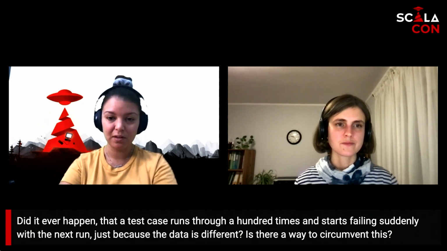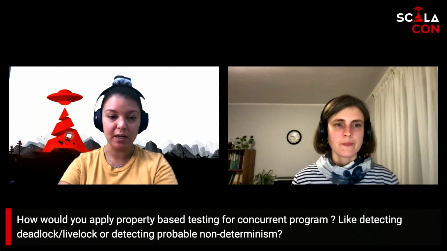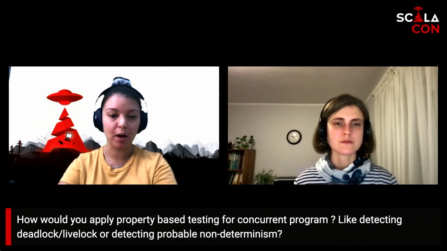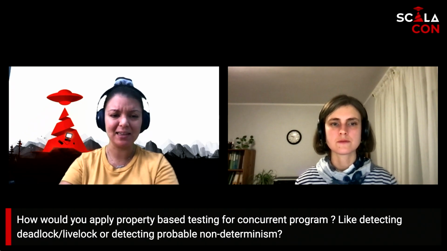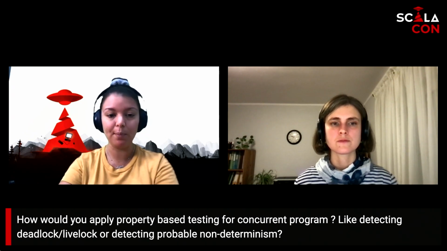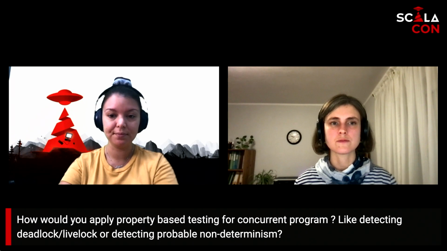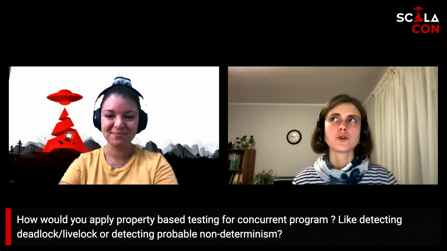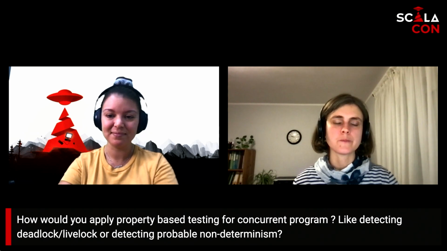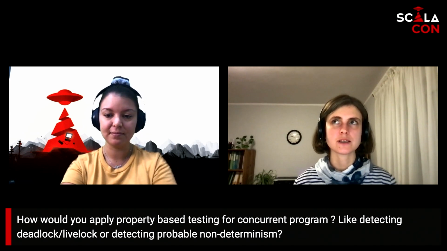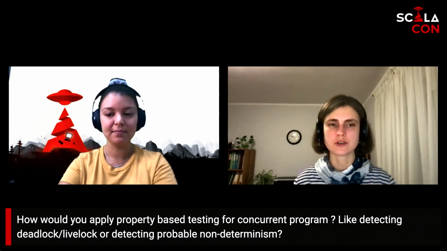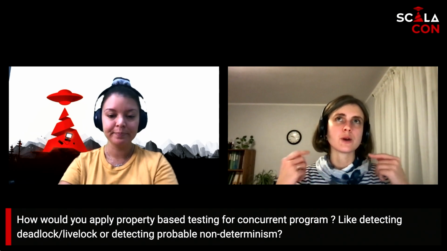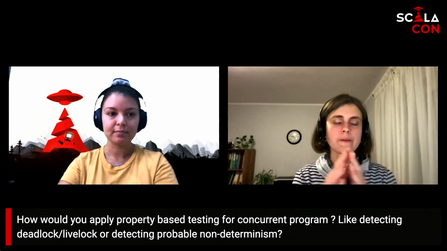Thank you. Our next question is, how would you apply property-based testing for concurrent programs, like detecting deadlock or livelock, or detecting probable non-determinism? That's a tough one, really. So if you know what kind of deadlock, for example, you could expect, then in my experience, it might actually be simpler to just use a traditional example-based test if you know how exactly to replicate it.